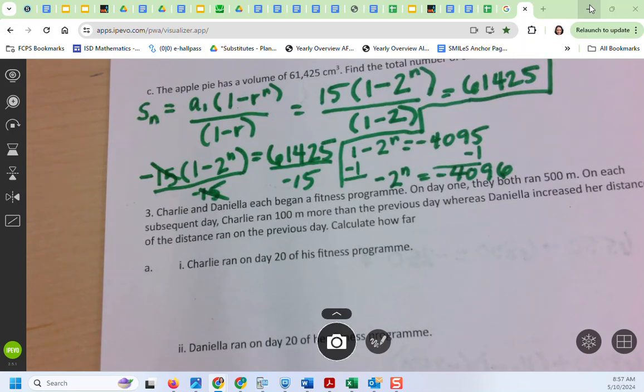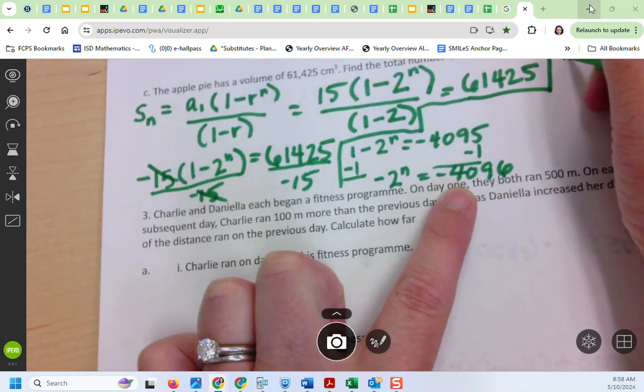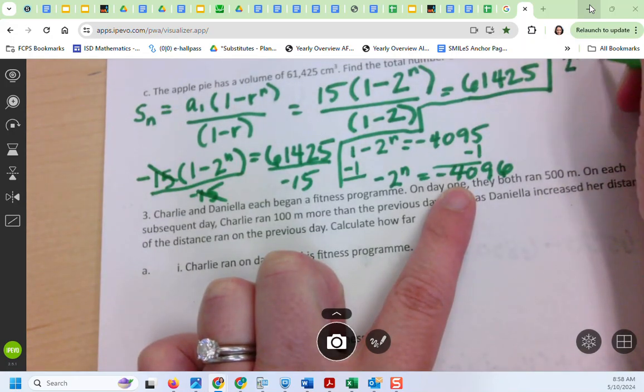All right, I want to solve this with a log, but you can't really do logs with negative numbers, so I'm going to divide both sides by negative 1 to turn them positive. So I get 2 to the n equals 4096.